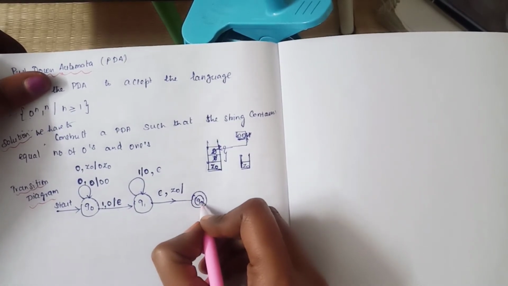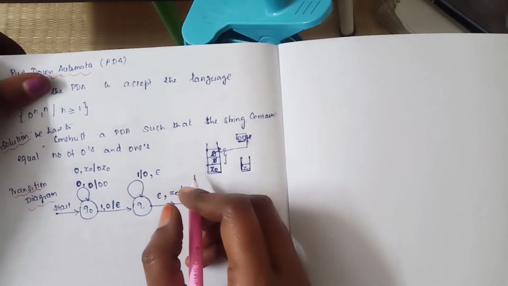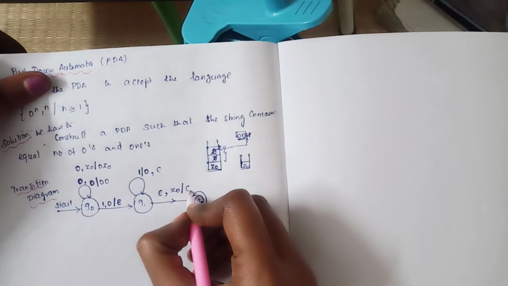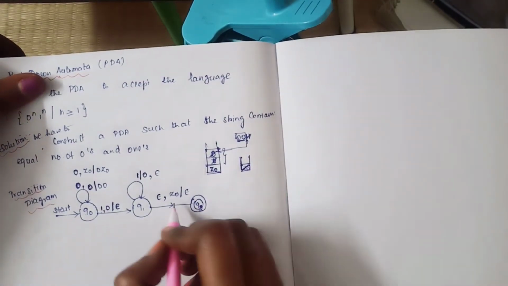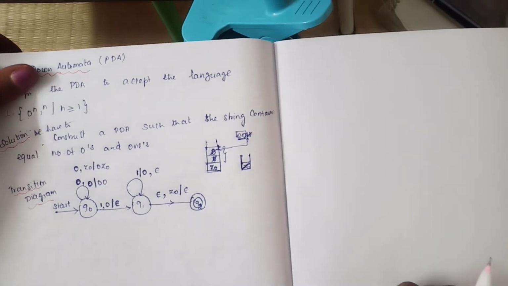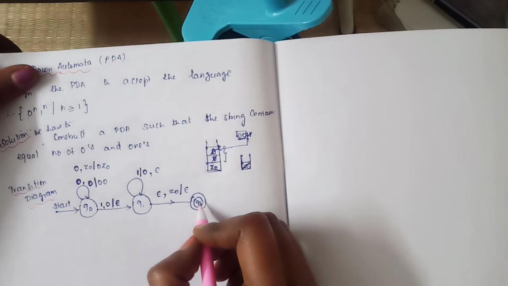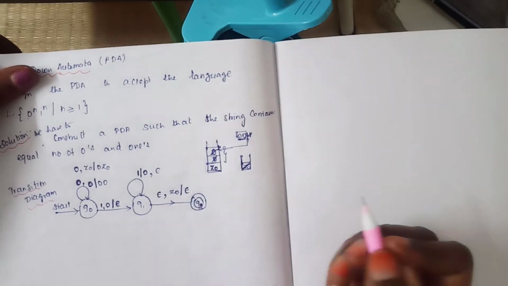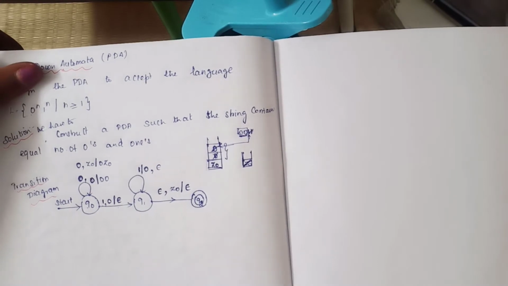When I reach the final state, I have cancelled everything, so Z0 is also popped and you have the epsilon symbol. So after deletion of the top of the stack Z0, we have the diagram like this.